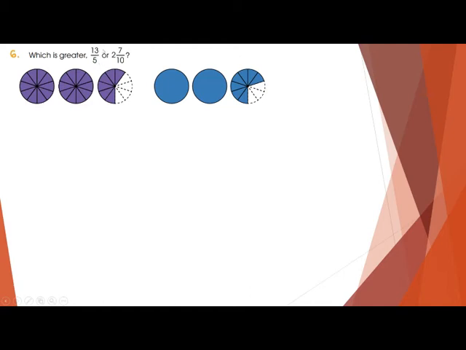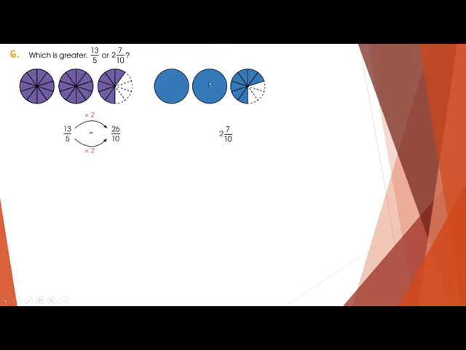Then 13 times 2 is equal to 26, and 5 times 2 is equal to 10. So these are the 26 shaded areas, and these are the 27 shaded areas. Which is greater, 26 or 27? So you will write that 27 is the greater one.